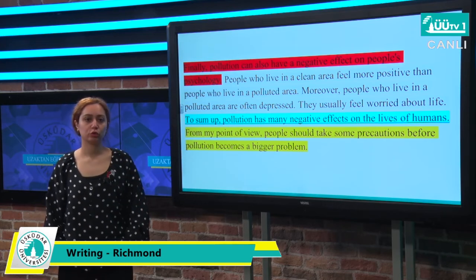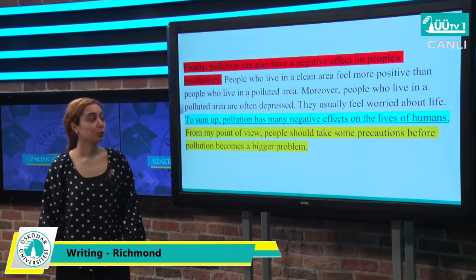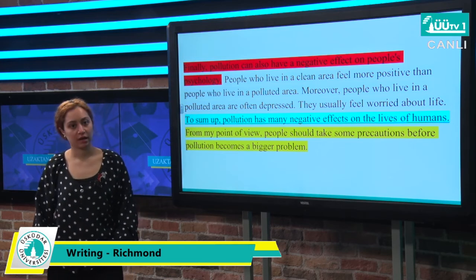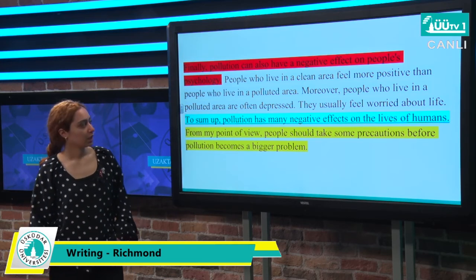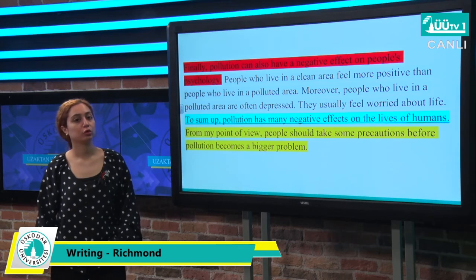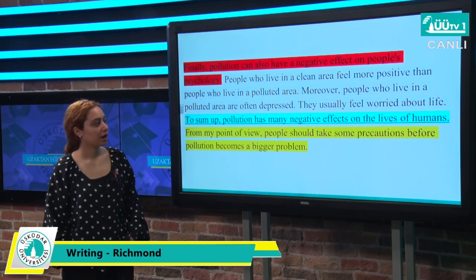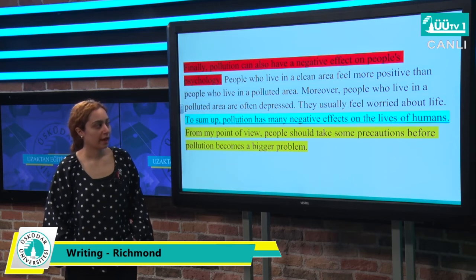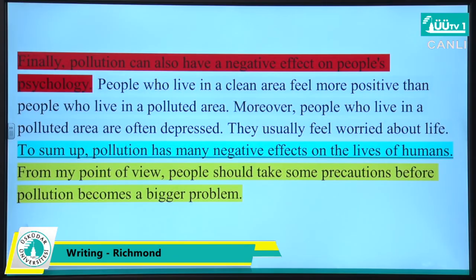This is our concluding sentence. In our paragraph, we only talked about the negative effects of pollution. So we can say in our concluding sentence, we are summarizing and restating our paragraph and our main idea.